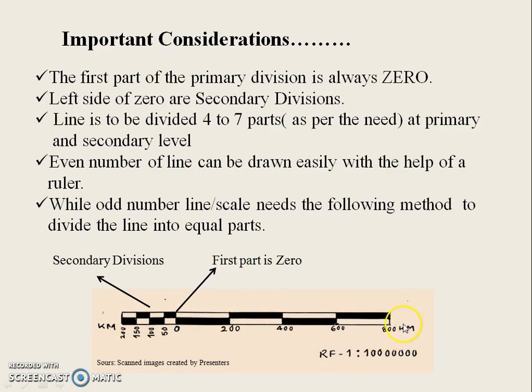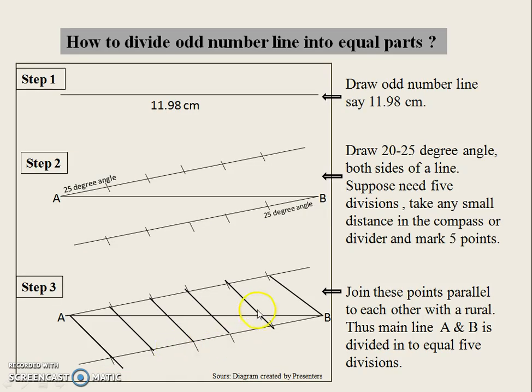When the length of line is odd number or in decimal points, the following method is to be used to divide the line into equal parts. One needs to follow 3 steps while dividing line into equal divisions.